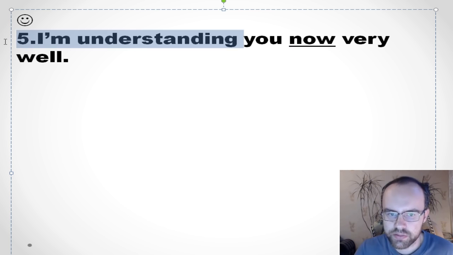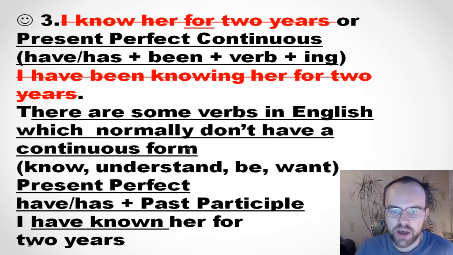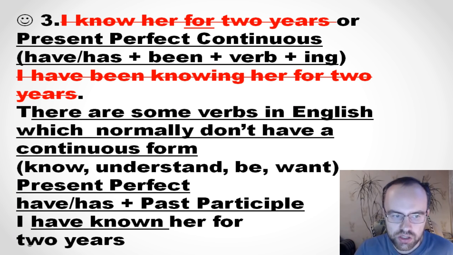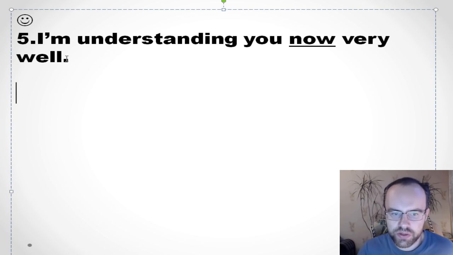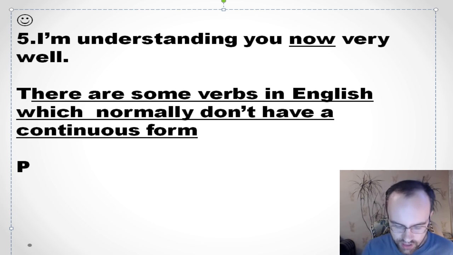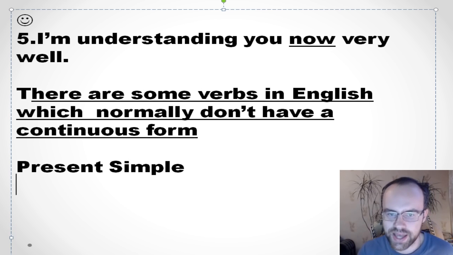It's absolutely right. But you know that we studied that there are some verbs in English which normally don't have a continuous form, okay? So you can't say understand with continuous tenses. You can't say it, okay? So if you can't do it, you need to use present simple instead.